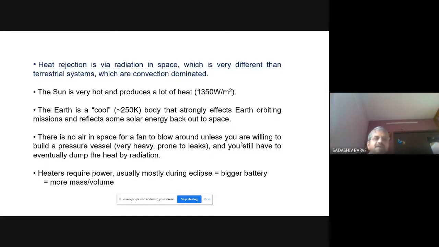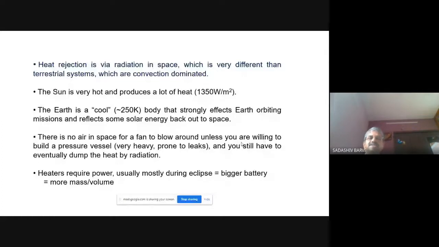The sun is a very hot object and it continuously produces an energy of 1350 watt per meter square. In fact, this energy, what we call the solar intensity, does vary from season to season. It is approximately 1.3 kilowatt to 1.4 kilowatt from summer to winter.